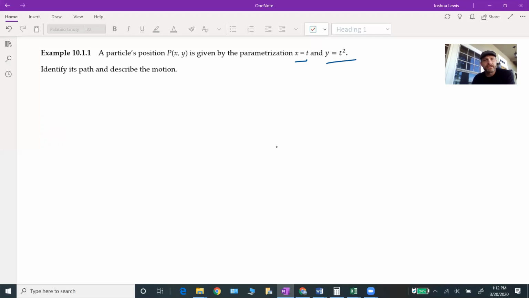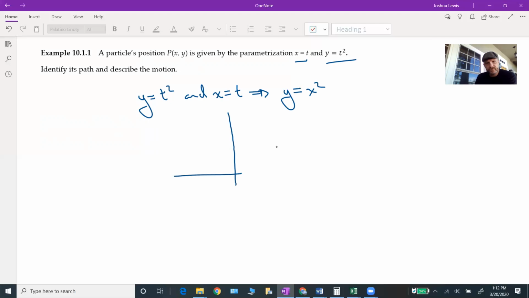Well, in this case, if y is equal to t squared and x is equal to t, then a simple substitution of x for t gives me y equals x squared. And so we have this parabola.